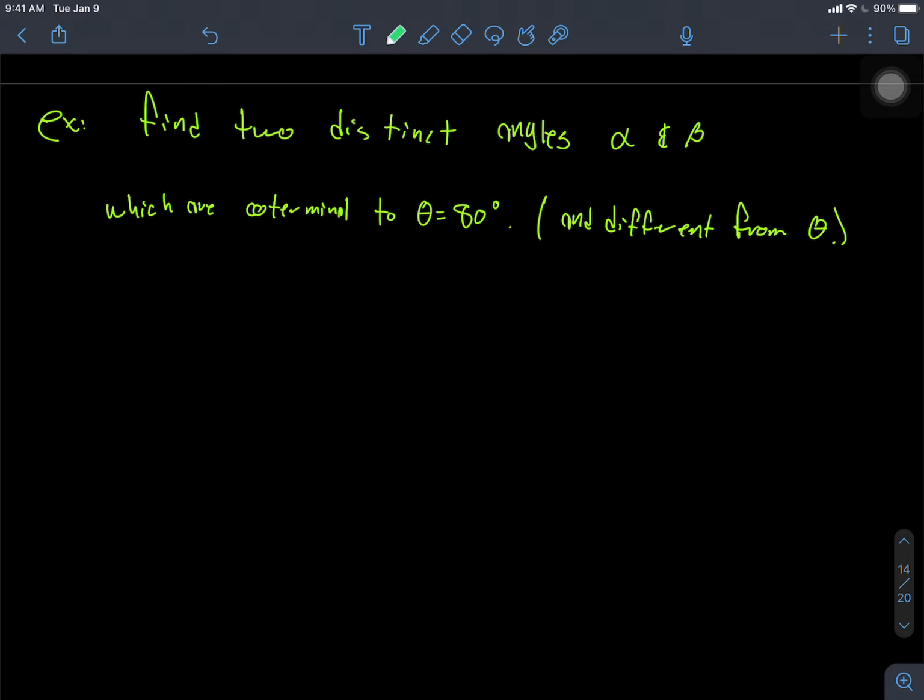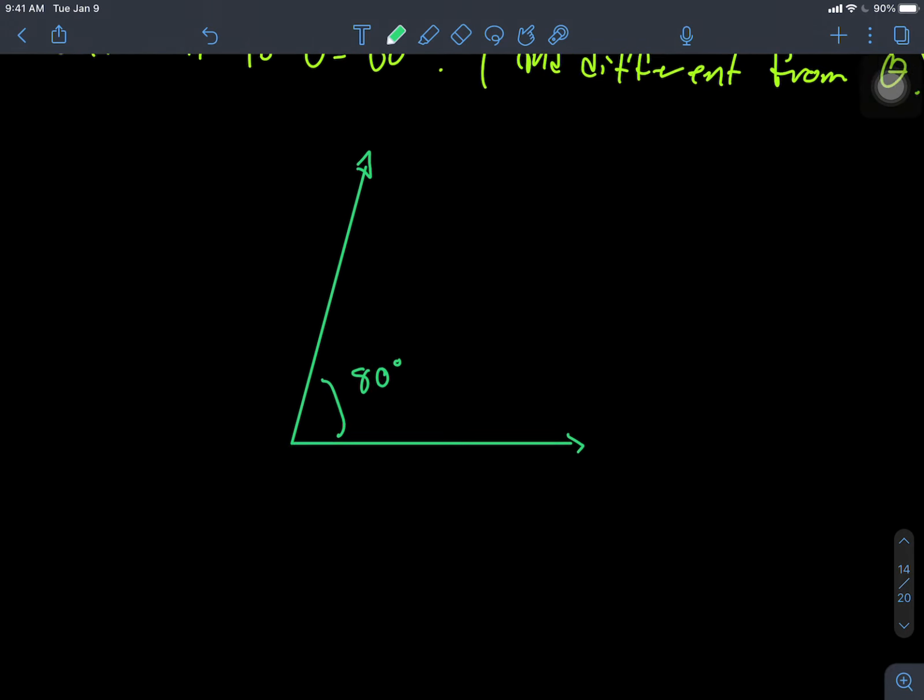So the first thing I'm going to do is say, hold up, let's just draw first. What does 80 degrees look like? Well, it's going to look sort of like a right angle, like a 90-degree angle, except it'll be a little bit less. So I'm just going to draw something that looks kind of like 80 degrees. It's probably not exactly right, but it'll work well enough.